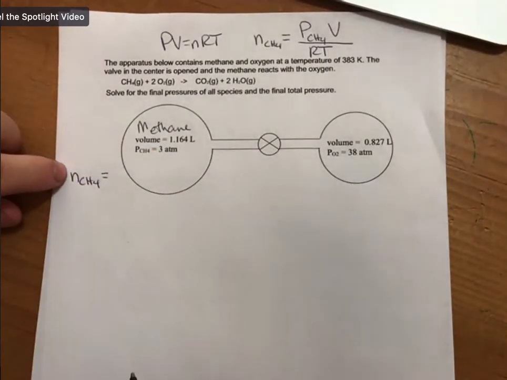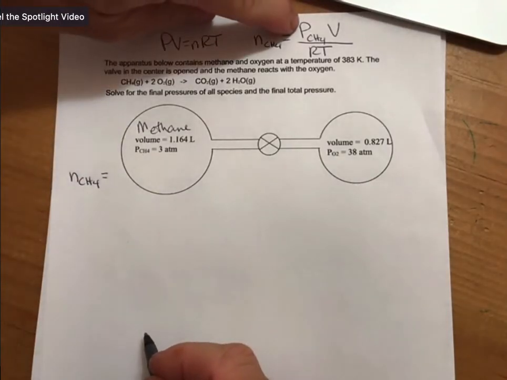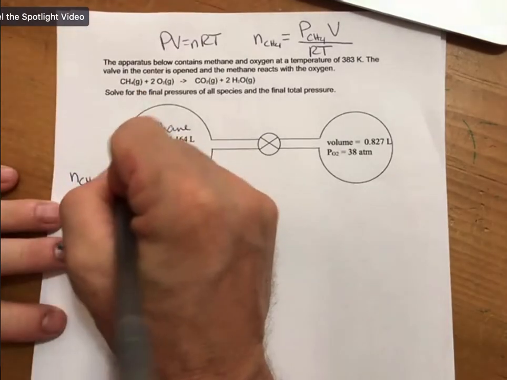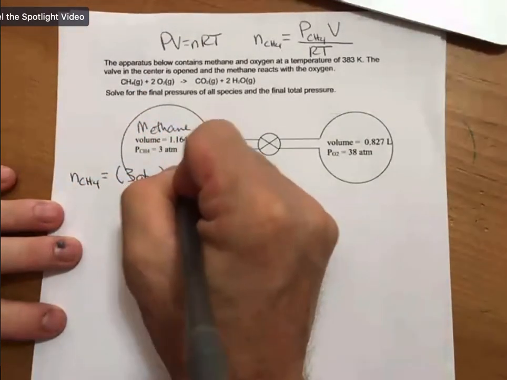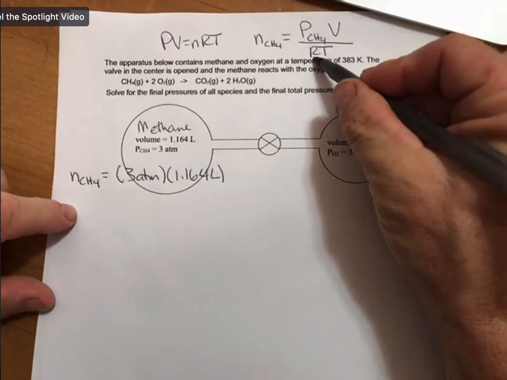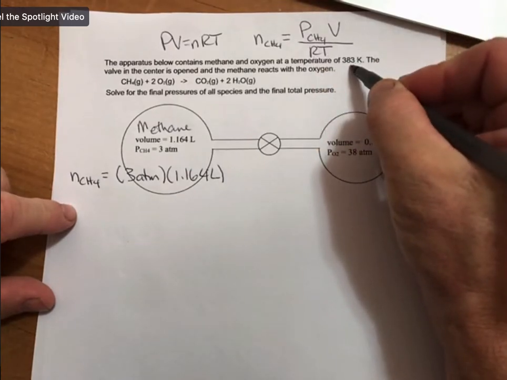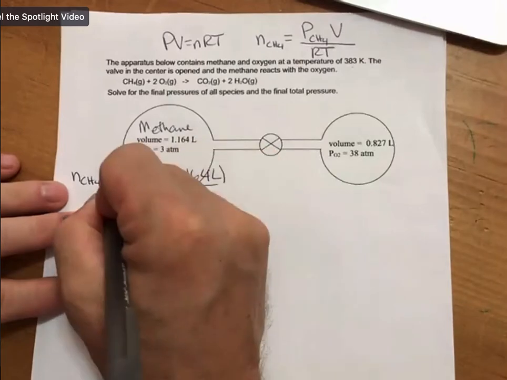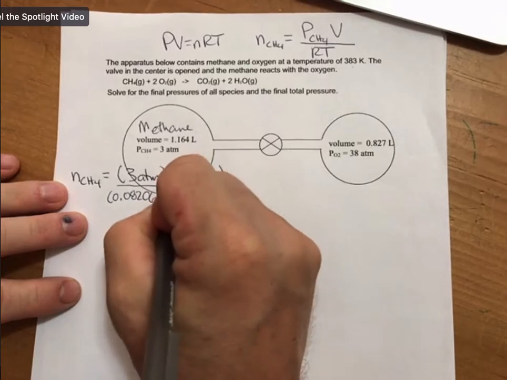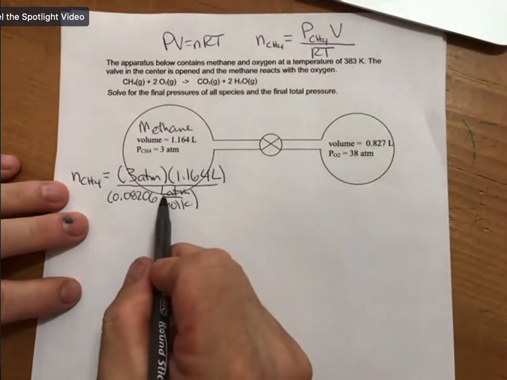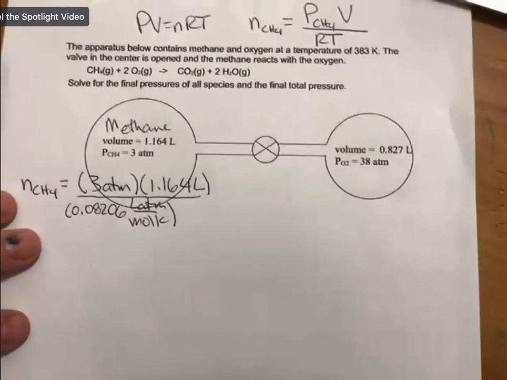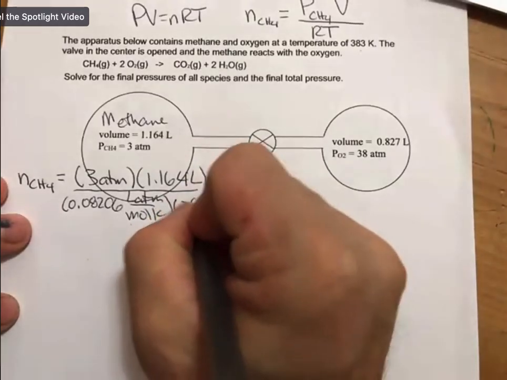Now to find my moles of methane, I've got partial pressure times volume, both of those numbers right here. And I know my R, 0.08206, with units of liter atmospheres per mole Kelvin, and I know my temperature, 383 Kelvin.